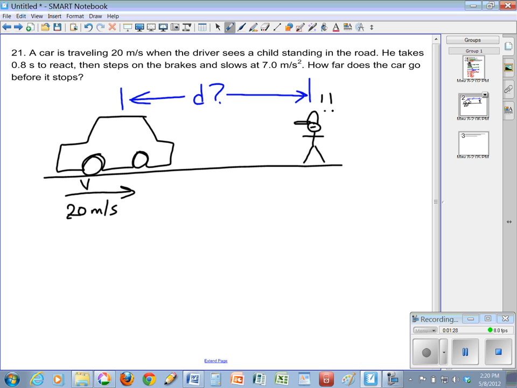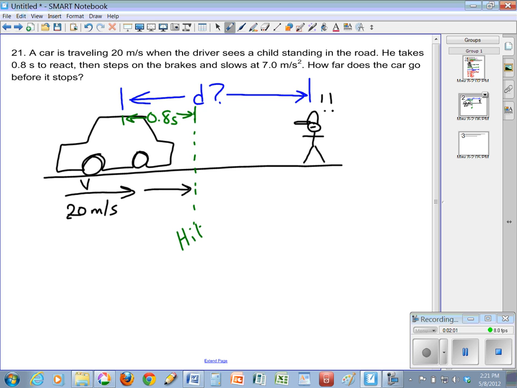And it takes the driver 0.8 seconds to react. So it travels a certain distance at that velocity before it reacts. So let's say that the time to get from this position to this position, we'll say this is 0.8 seconds from where the car is to the moment the brakes are hit.